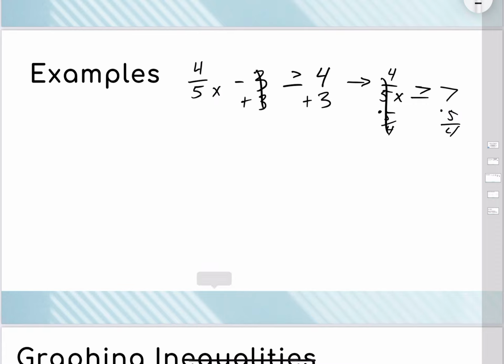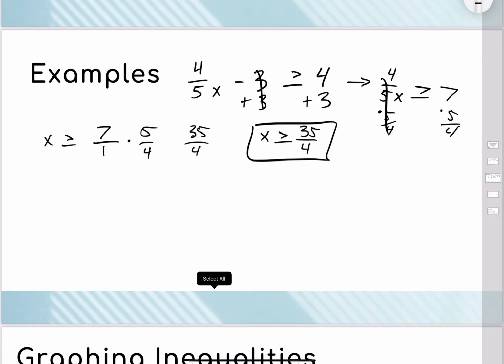And now we'll have x is greater than or equal to 7 over 1, 7 as a fraction, times 5/4. And that would be 35/4, which cannot simplify. So x is greater than or equal to 35/4. And that's how we would solve that one.